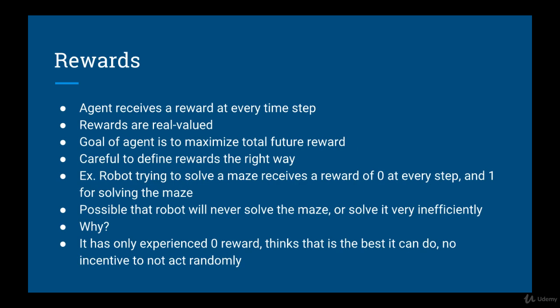This is because if all the robot sees are zeros, then it thinks that 0 is the maximum possible reward, and it'll infer that it doesn't matter what it does, since all actions lead to 0 reward. Another possibility is that it might learn to solve the maze, but only through random movements, since it has no incentives to solve the maze as quickly as possible.